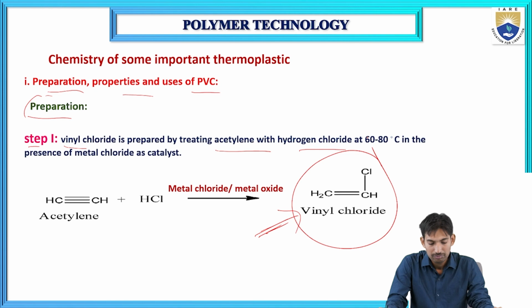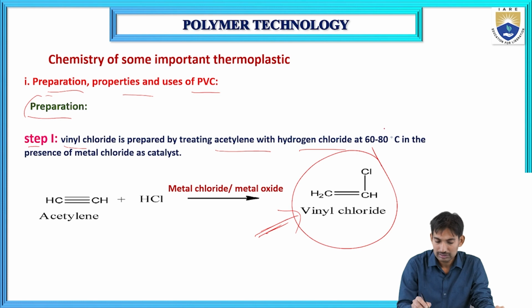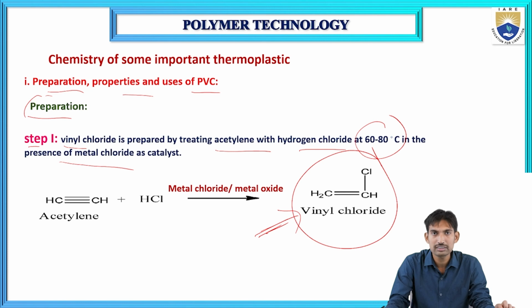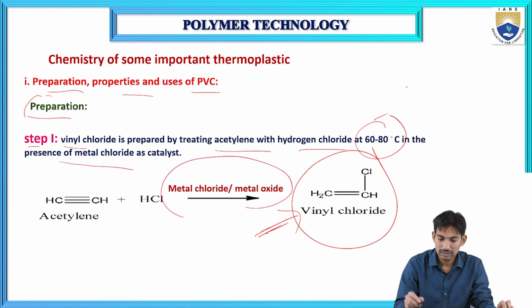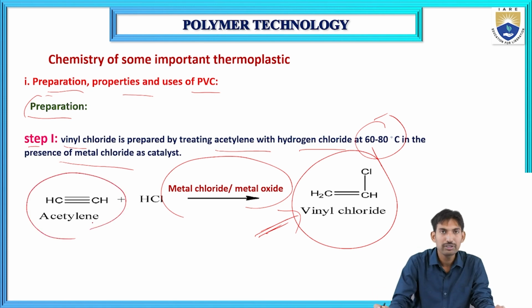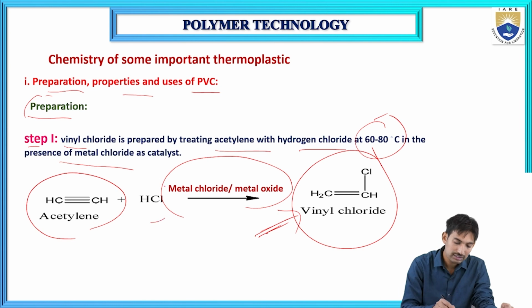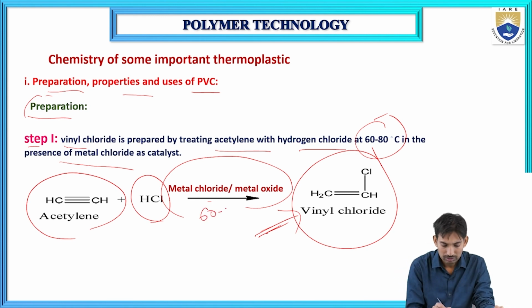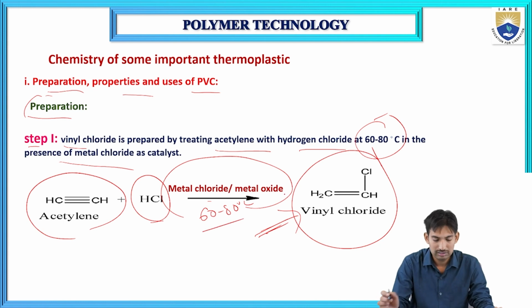Acetylene gas is treated with hydrochloric acid, HCl, at 60 to 80 degrees centigrade in the presence of a metal chloride or metal oxide as catalyst. Acetylene, HC≡CH, reacts with HCl under this condition, and the product is vinyl chloride.